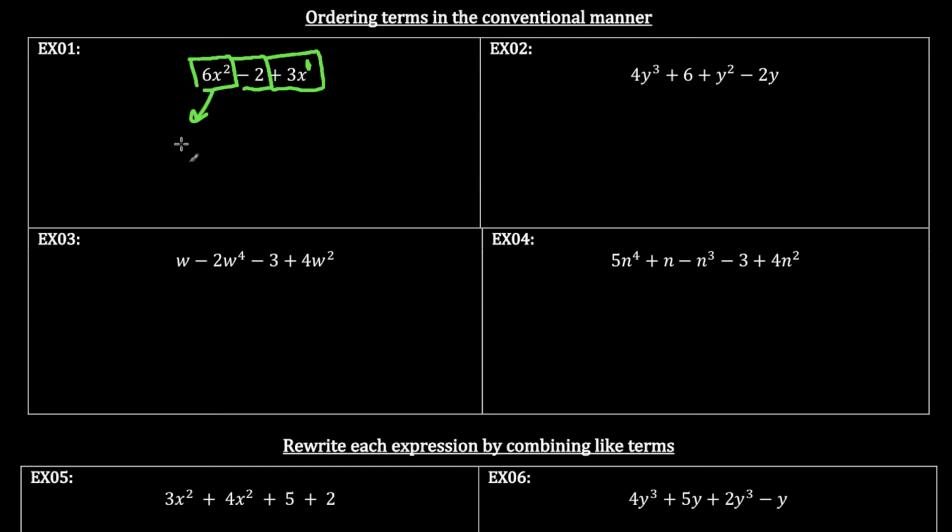So we are going to place it first. Now we look for the next highest one, which just happens to be x, the next largest exponent, x to the first. So let's put plus 3x. And then lastly, this minus 2 term doesn't even have an x. So we're just going to put minus 2 right here.